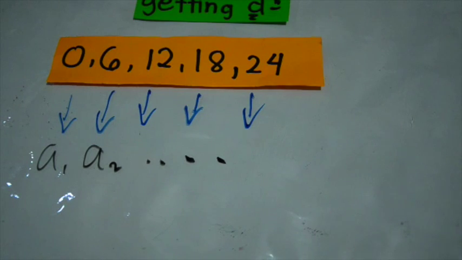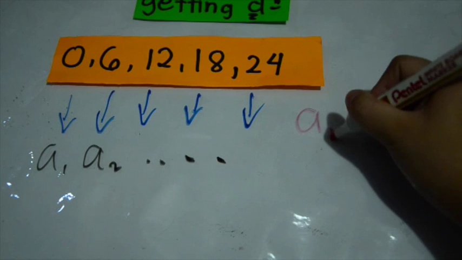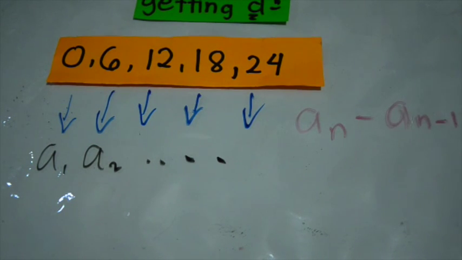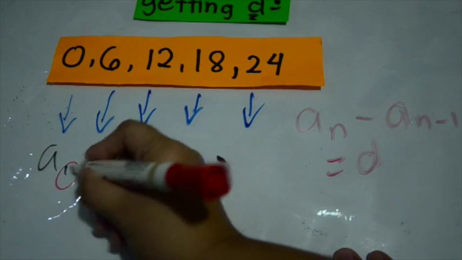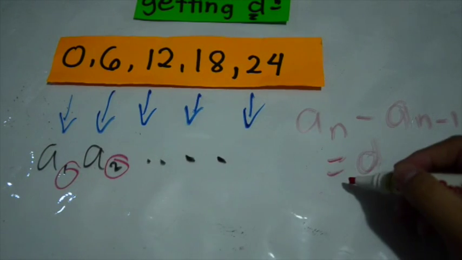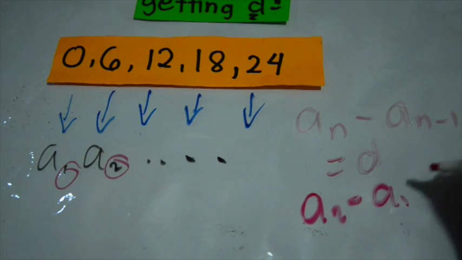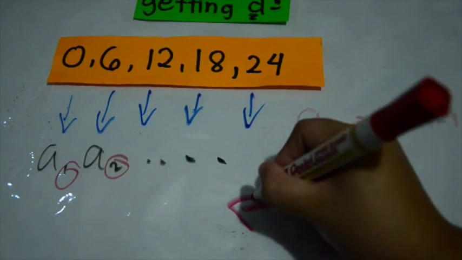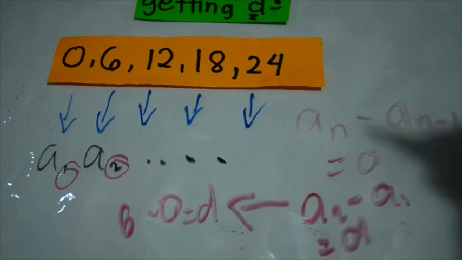Now, the basic way of getting the common difference is by subtracting the greater term by the preceding term to get the common difference. In this case, we can use a sub 1 and a sub 2. We can use a sub 2 minus a sub 1 equals b, which in this case becomes 6 minus 0 equals b.